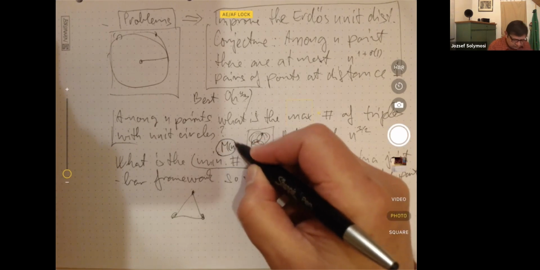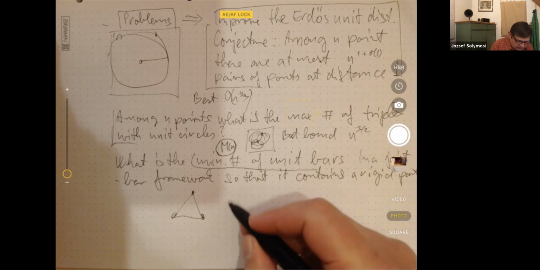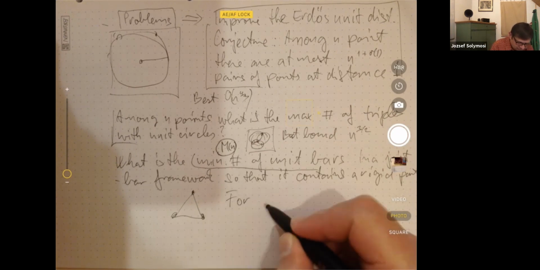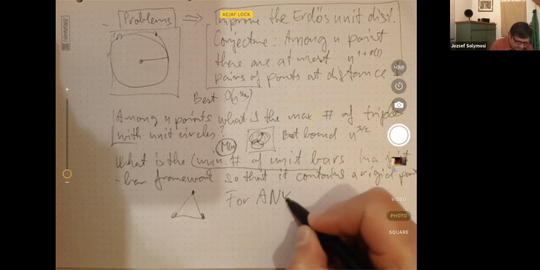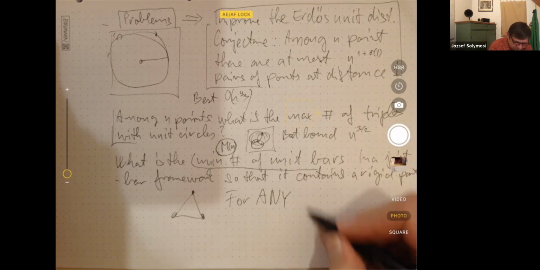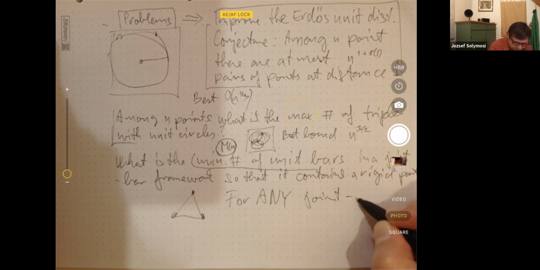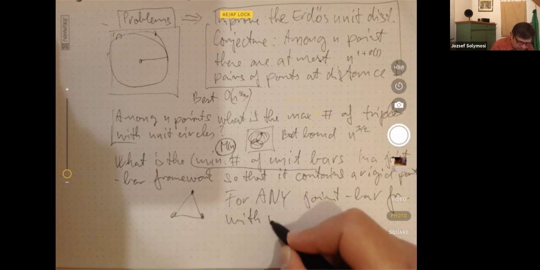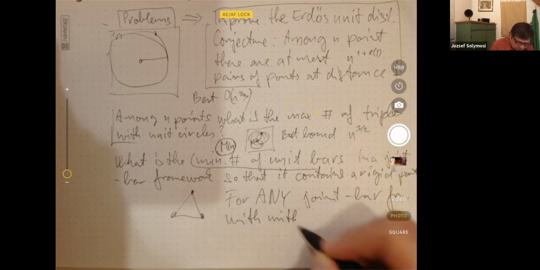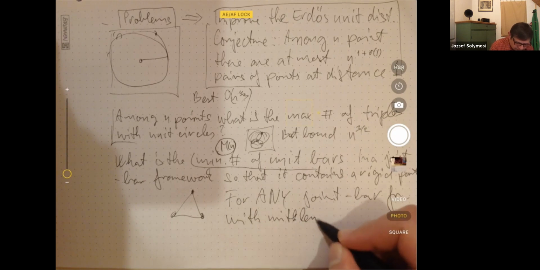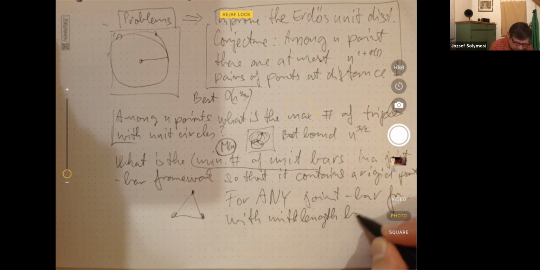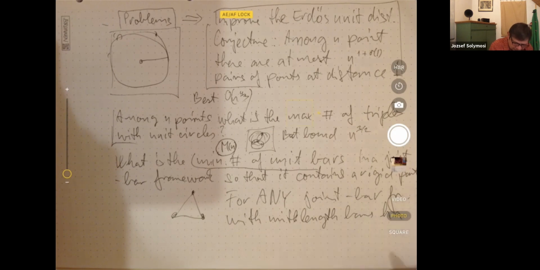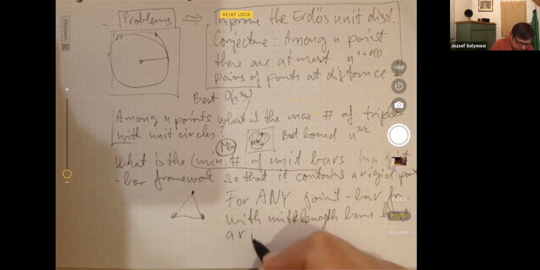So the statement is that any joint bar framework with the unit length bars contains a rigid part.